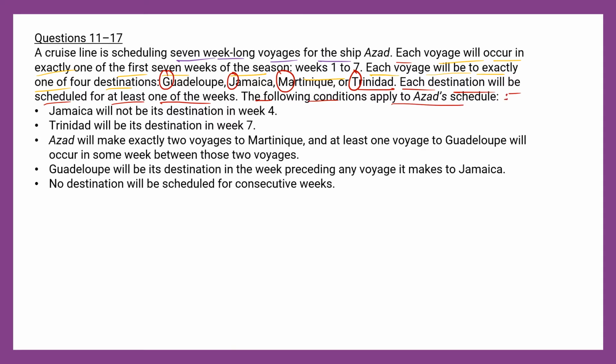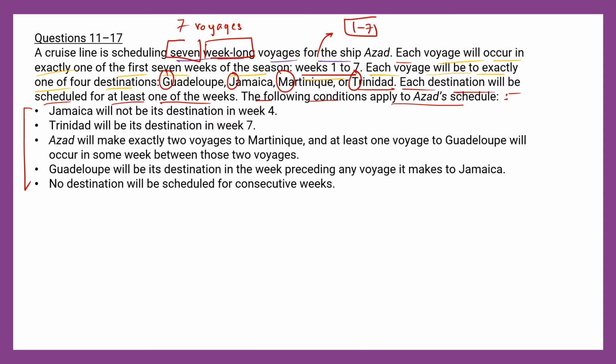Now, let's try to draw the diagram first before we go and look at the rules. Now it says that you have 7 week-long voyages. That means you have 7 voyages, okay? And you have 7 weeks from 1 to 7, okay?